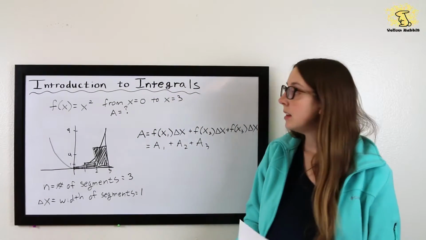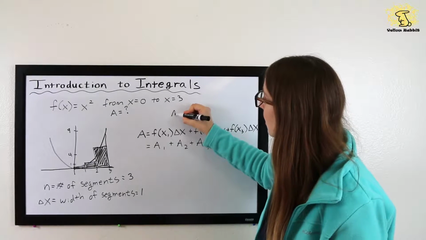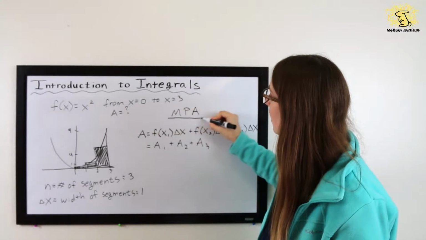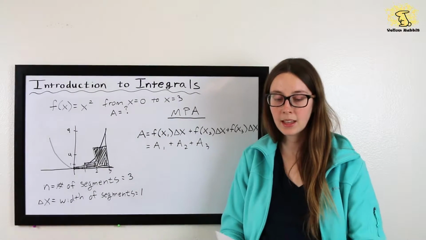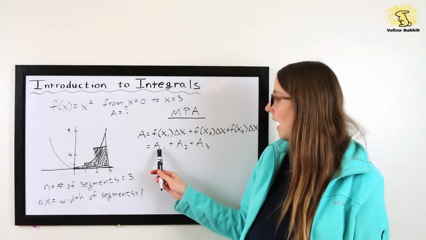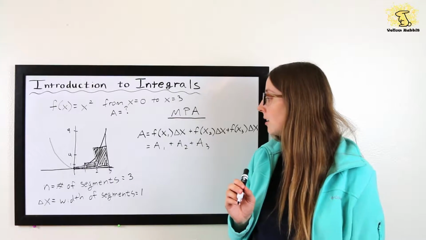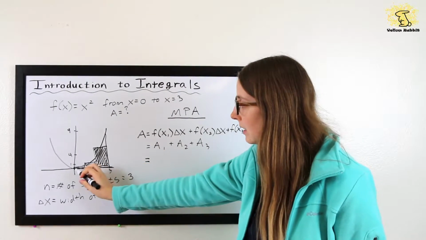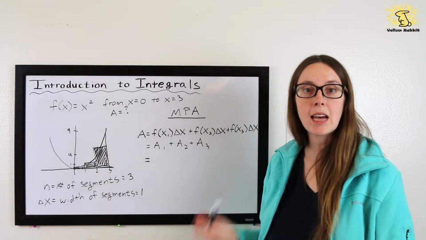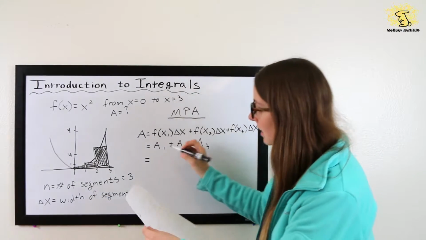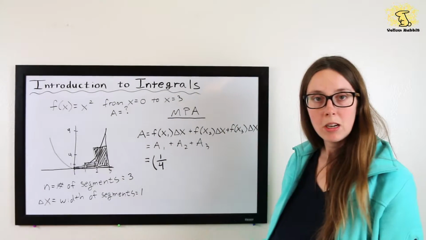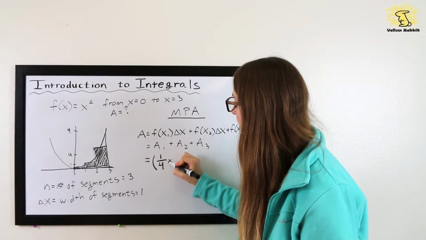Here we go. This is appropriately called the midpoint approximation. Again, we're going to add up the areas of the 3 rectangles we've constructed. Rectangle 1, since its height is at the halfway point, is going to be 1/2 squared, so 1/4 by 1.